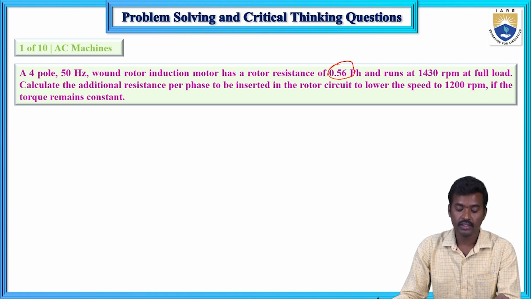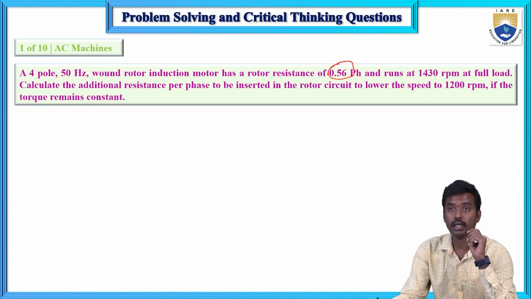Calculate the additional resistance per phase to be inserted in the rotor circuit to lower the speed to 1200 rpm if the torque remains constant.